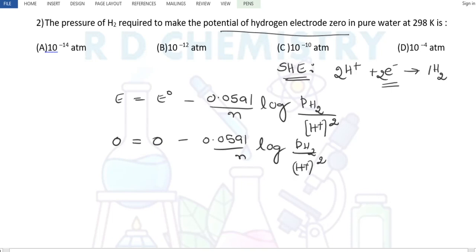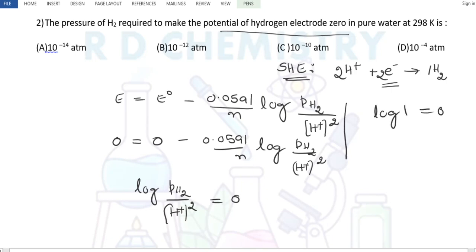On rearranging, log of pressure of H2 divided by H plus concentration square is equal to 0. Again the similar thing, log 1 is equal to 0, correct? That means pressure of the H2 divided by H plus concentration square is equal to 1.